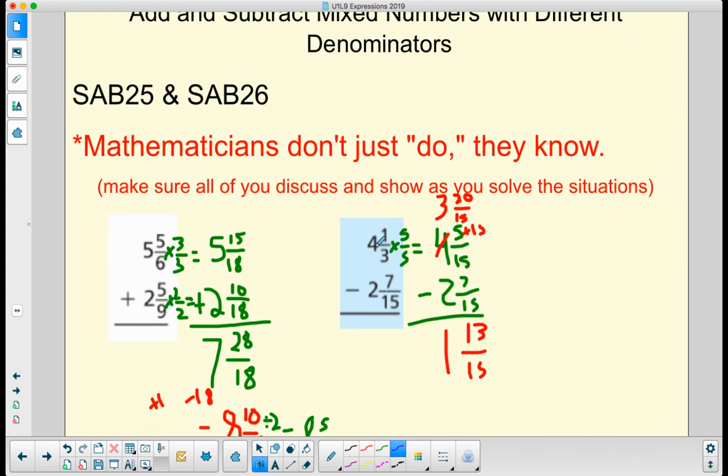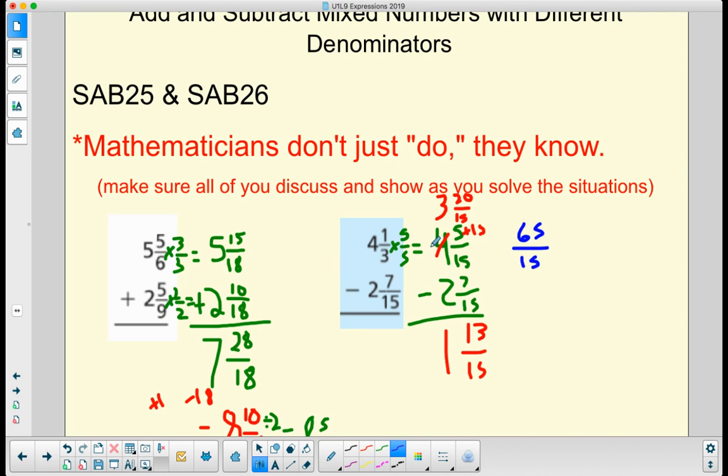Earlier in a lesson, I talked about a quicker way to do that. 4 multiplied by 15 is 60, plus 5 makes 65 15ths.